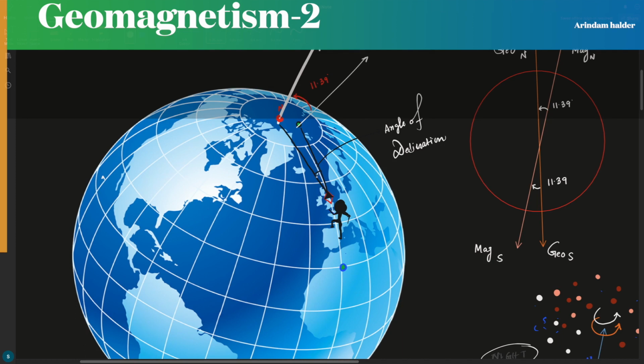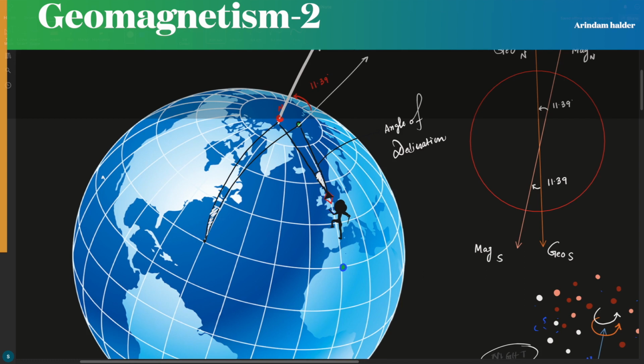Now this angle we are talking about, as you can see, varies at different places. For example, if I stand over here, I can see that this line is clearly coming here and this line is clearly coming here. So the angle of declination is this.